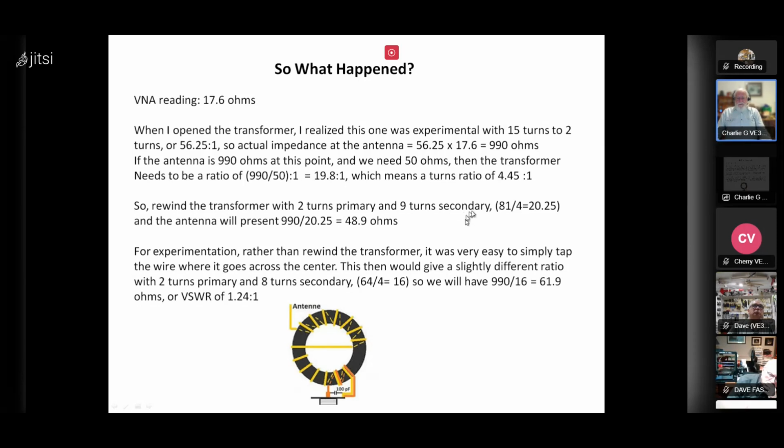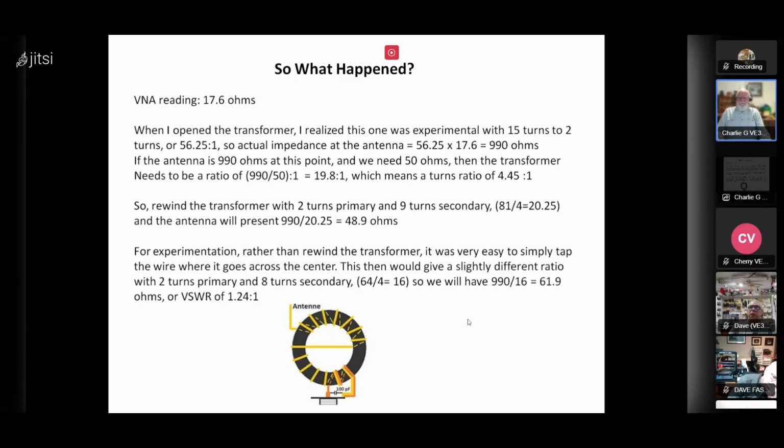But being the lazy kind of guy I am, and since this was mostly a science experiment rather than actually redoing everything on my antenna, it occurred to me that I could, in the middle of the transformer here, where the winding goes across, scrape some of the enamel off and connect there, and lo and behold, I'd have an 8 turns secondary. I just leave this end here open, unconnected, and connect my antenna to this midpoint here. So that's what I did.